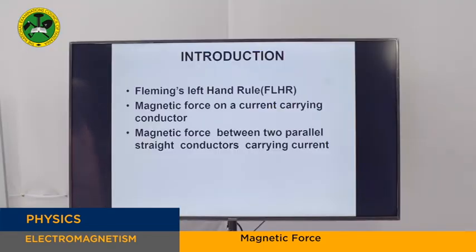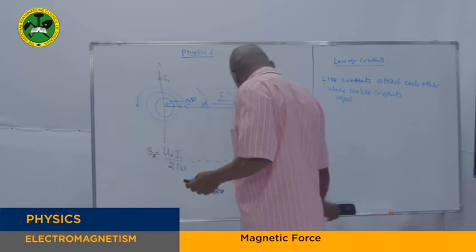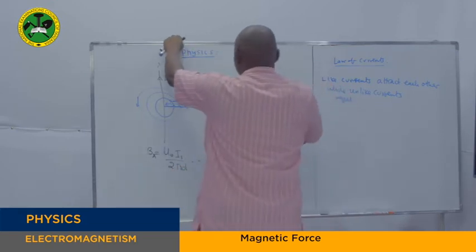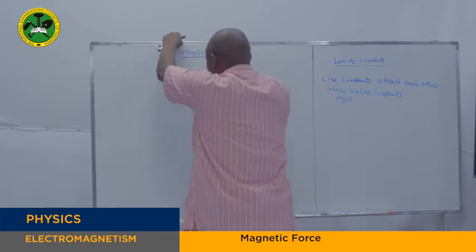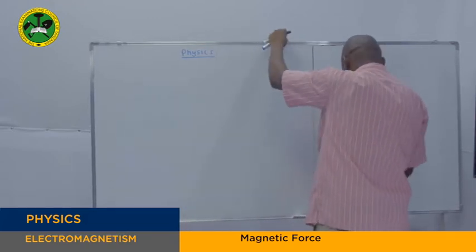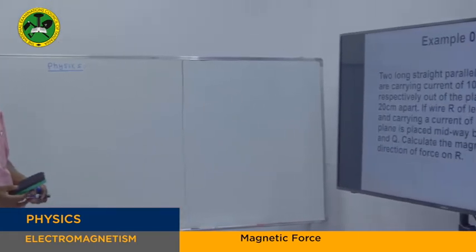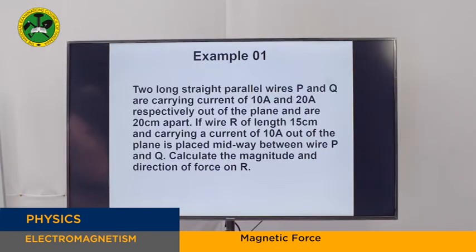Now, that's how you discuss the magnetic forces. Not only discussing the formula, but let's see how we apply these formulas when solving examples. Let's see our example number 1. The question says two straight parallel wires, named P and Q, are carrying currents of 10 and 20 amperes respectively out of the plane and are 20 centimeters apart.